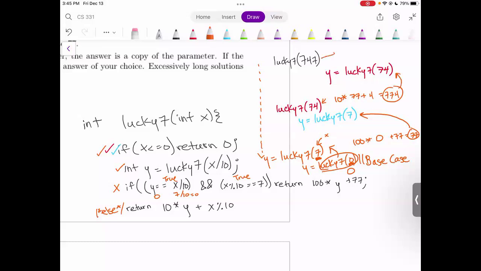And so when we look at this, we return 10 times 774 plus the 7 over here. 7740 plus 7.